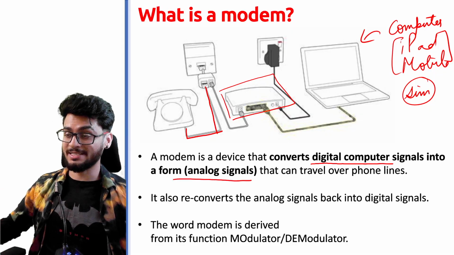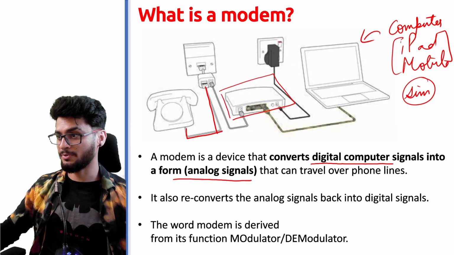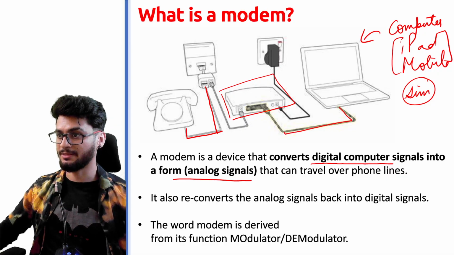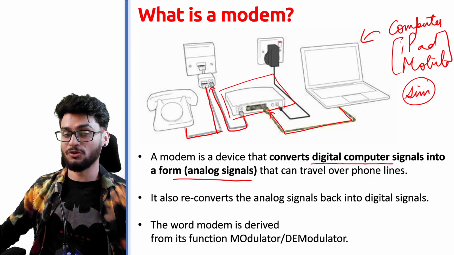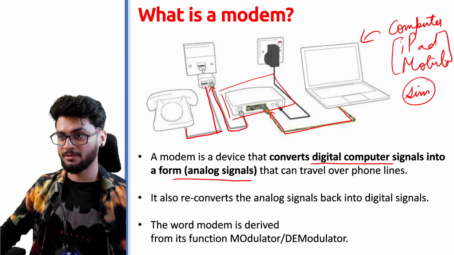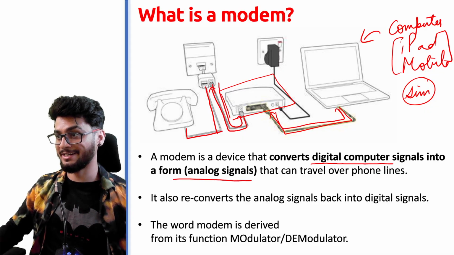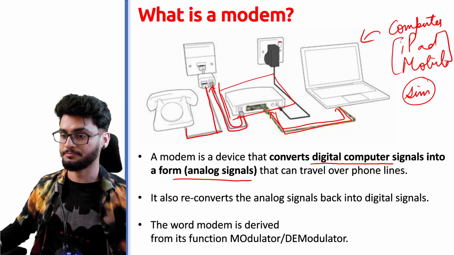And it also does the same process in reverse. For example, you are sending an image to your friend. So from this the data travels. आपका जो digital data, it converts into analog and goes here. And when your friend is sending an image, so again he will send it this way. It will go into the modem and it will convert the analog signal into the digital signal.